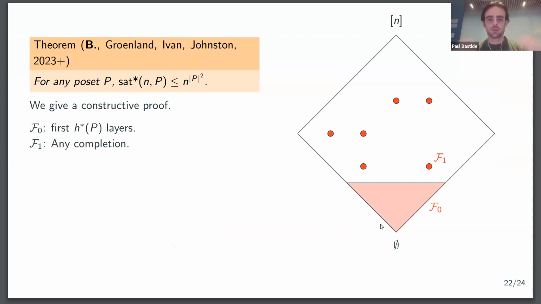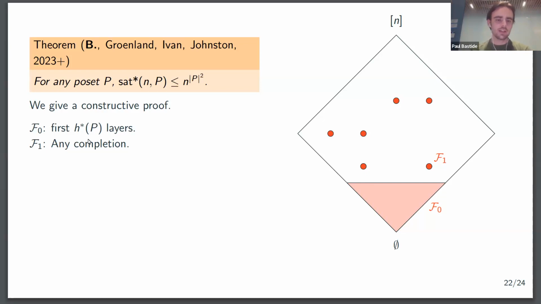I just take all the bottom layers, though I cannot take a layer completely. So this is my F0 here. I just take all the bottom layers until, well, there is some element in the layer h plus 1 for which, if I add this element, then it creates a copy of P, okay?